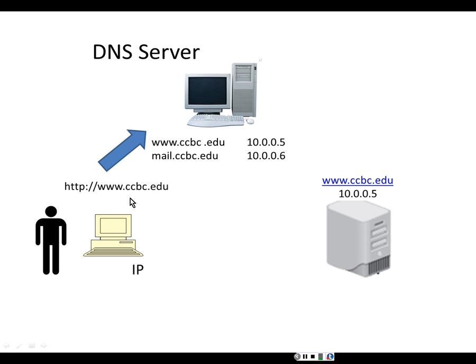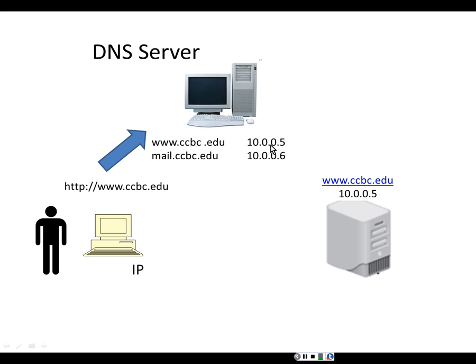So when the user types www.ccbc.edu and presses the enter key, well, the user doesn't know it, but the IP protocol sends a signal to the DNS server to find out what's the IP address for what the user just typed, ccbc.edu. The workstation sends a query to the DNS server to find the IP address of ccbc.edu.